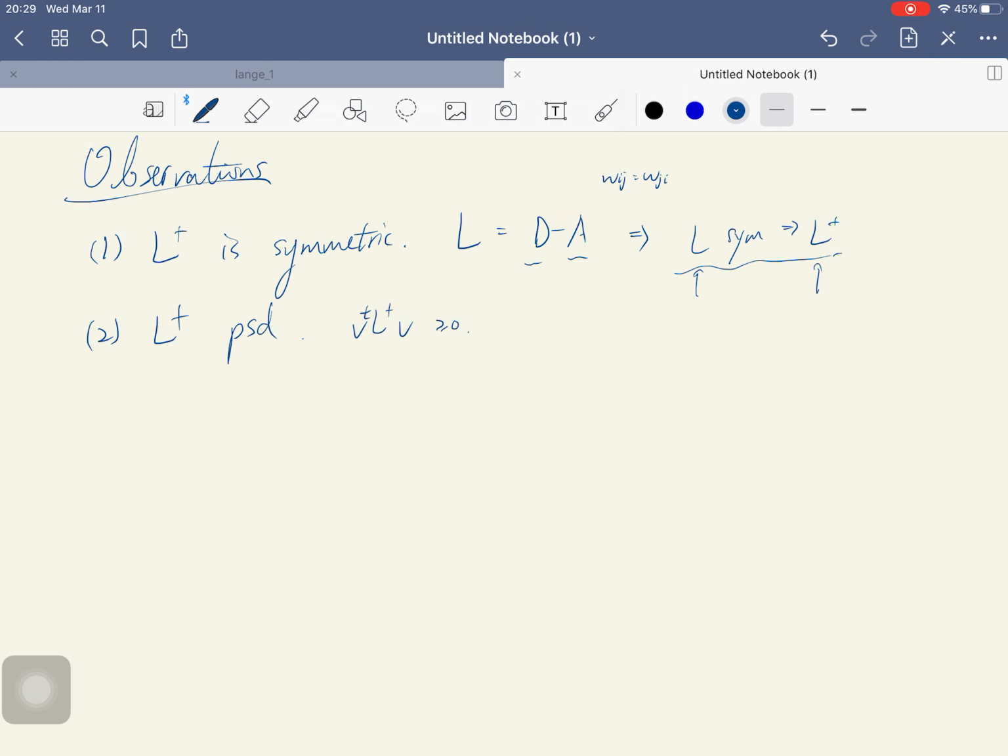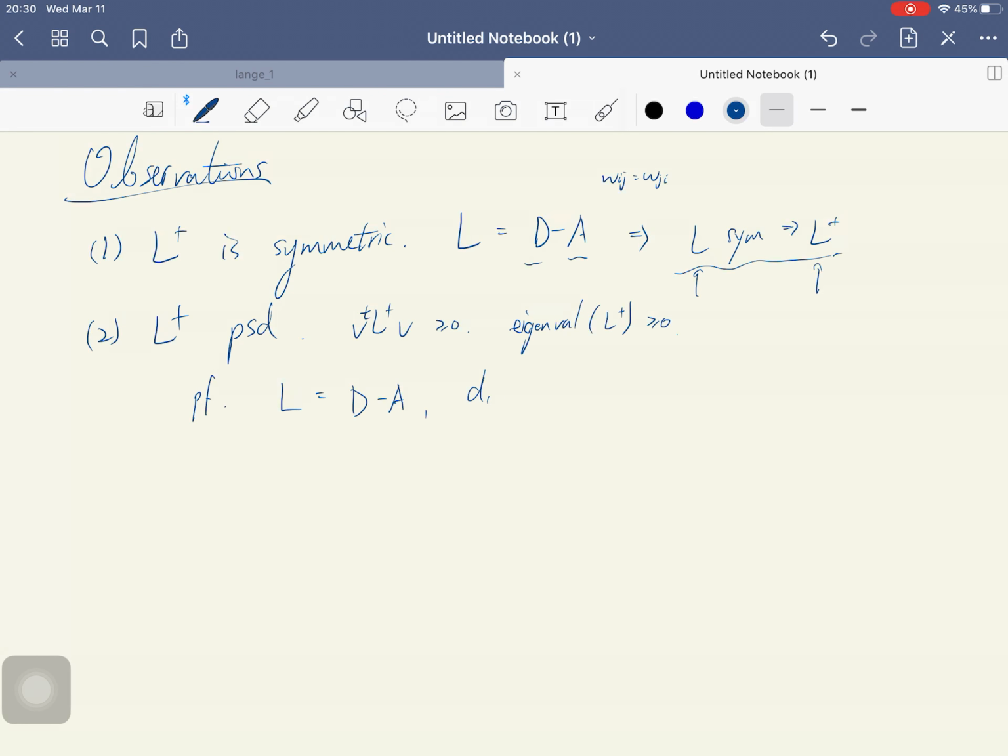Or another way of saying it is that the eigenvalues of this are all greater than or equal to 0. It's just a definition. So why is this true? We know this is true because L is equal to D minus A, right?